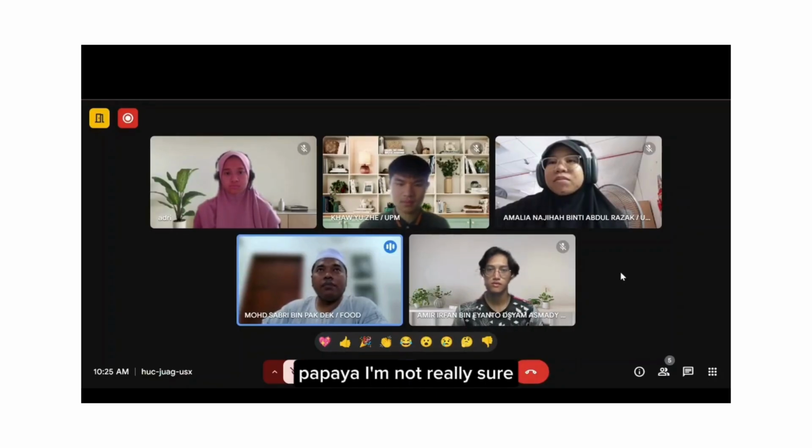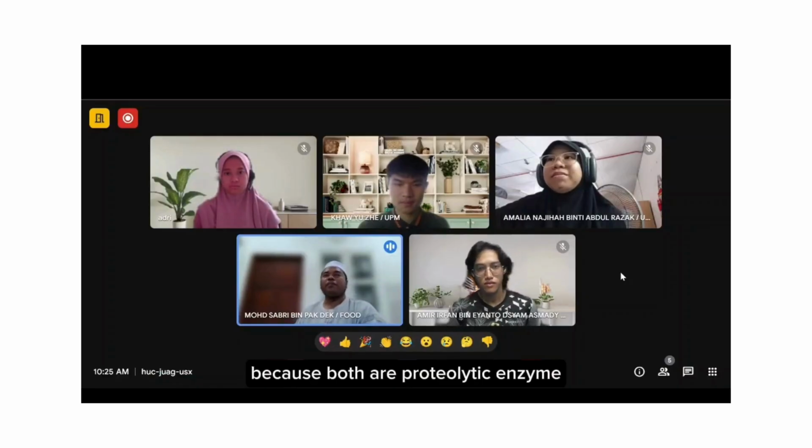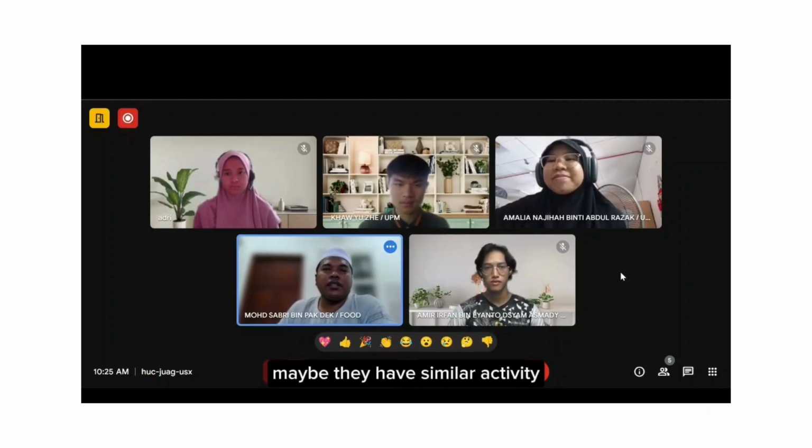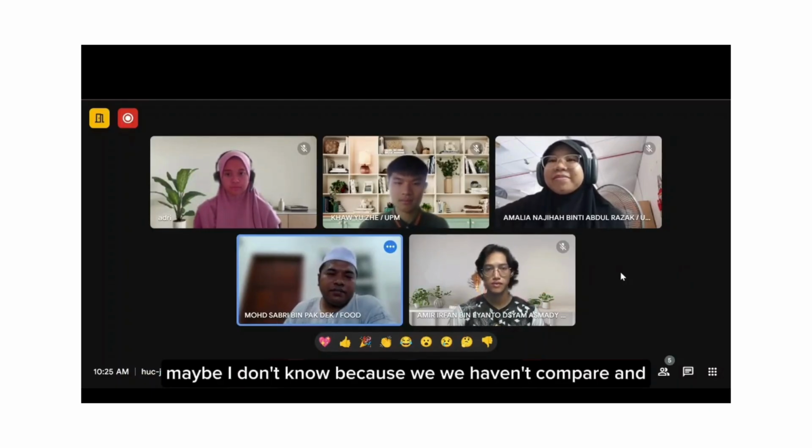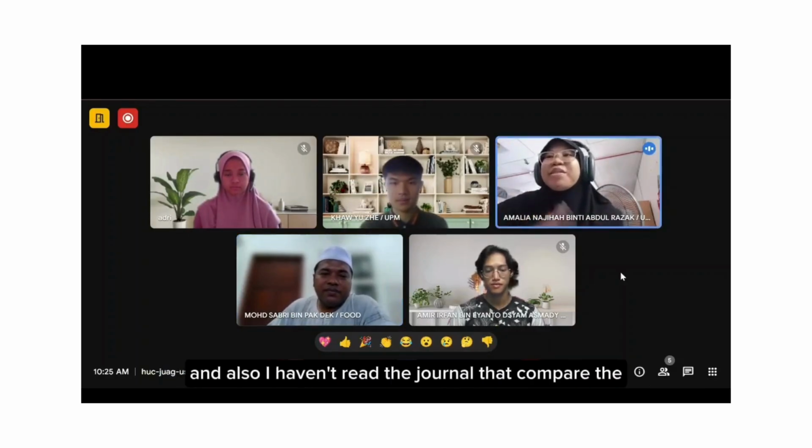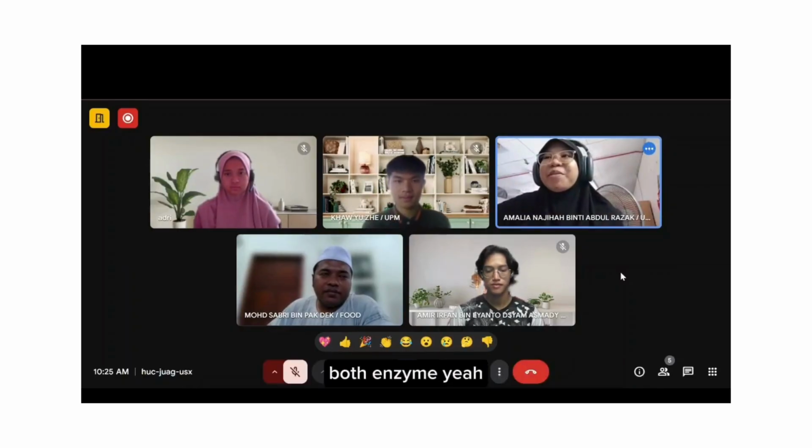Papaya, I'm not really sure how fast the papain can function. Perhaps maybe similar because both are proteolytic enzymes. Maybe they have similar activities. Maybe, I don't know, because we haven't compared and I haven't read a journal that compares both enzymes.